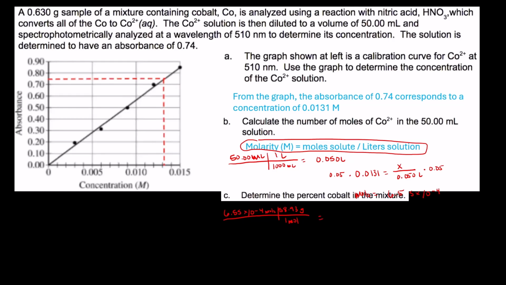When we do that, we are left with 0.0386 grams of cobalt. We take that and divide it by the total sample. So we have 0.0386 divided by 0.630, which was given in the problem. Multiply it by 100 and we are left with 6.13% cobalt. Final answer.